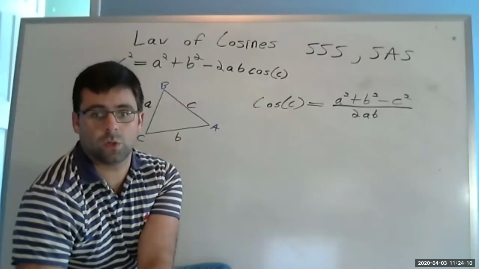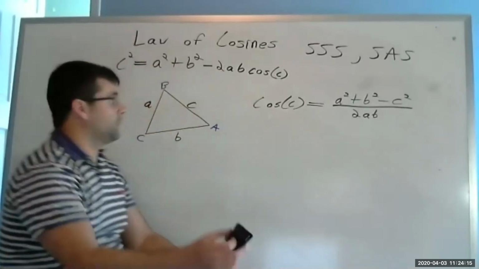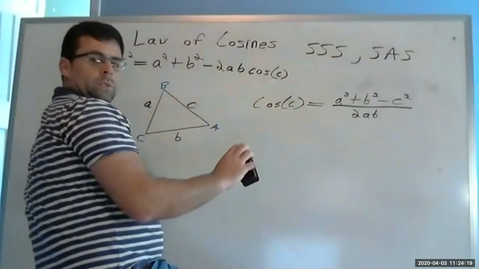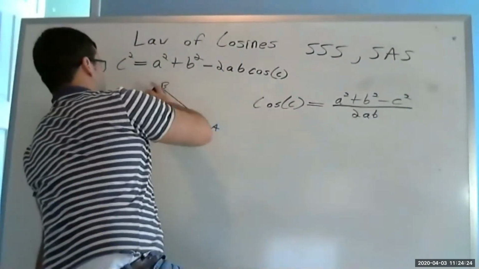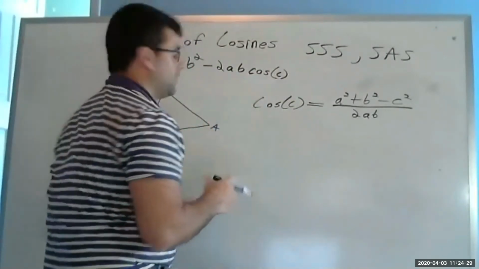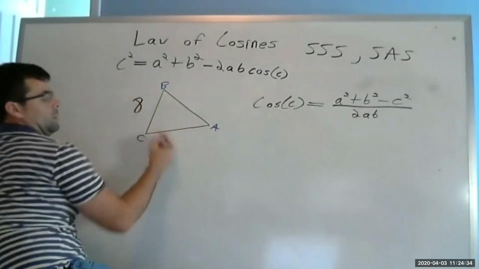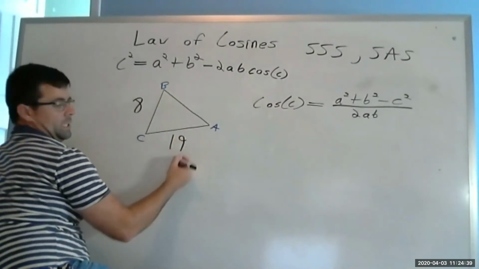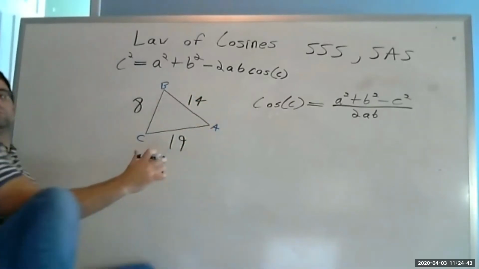All right, so let's do an example. So we're going to do a side, side, side. And it's not going to be to scale, and that's okay. 8 feet, 19, 14 feet.